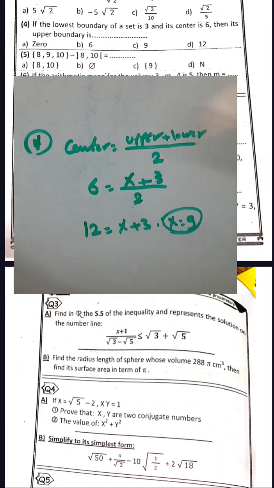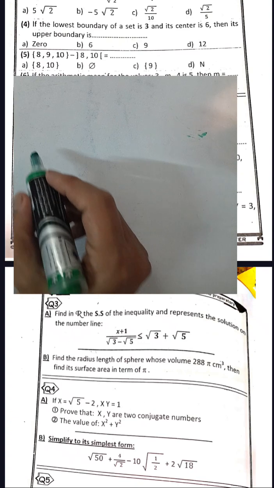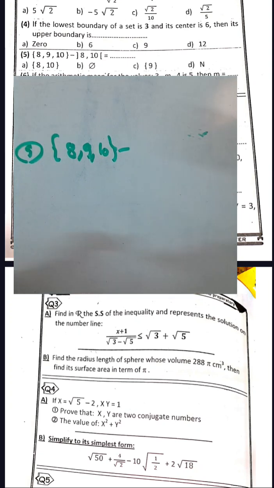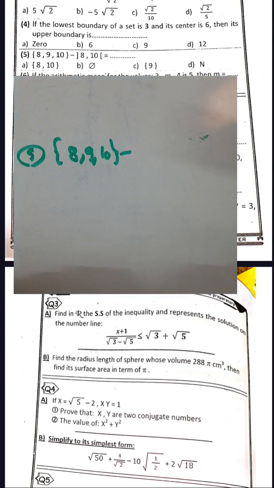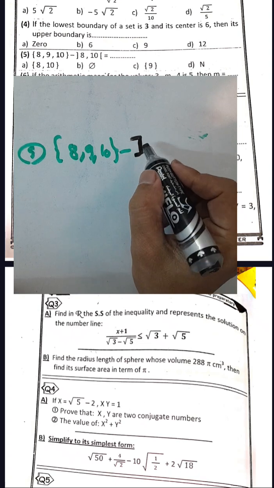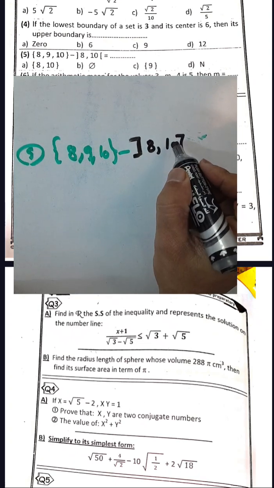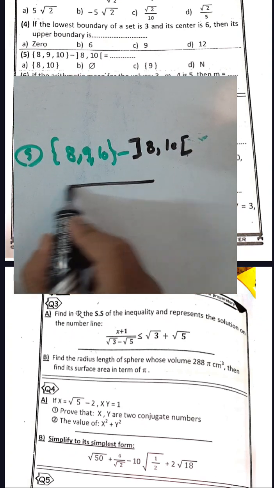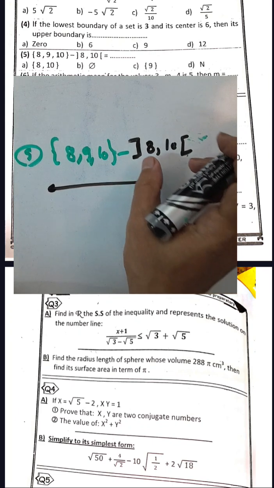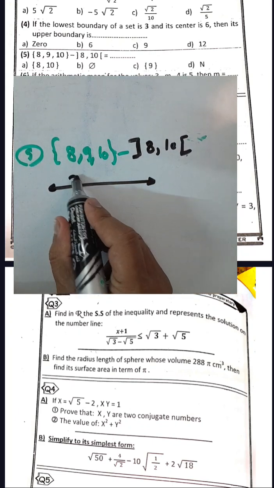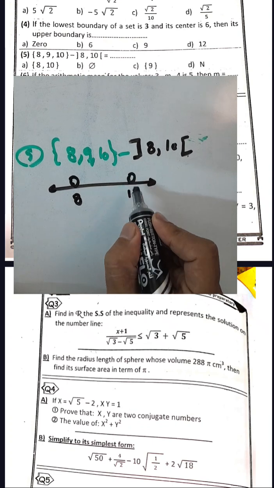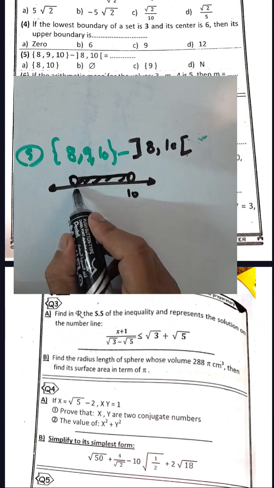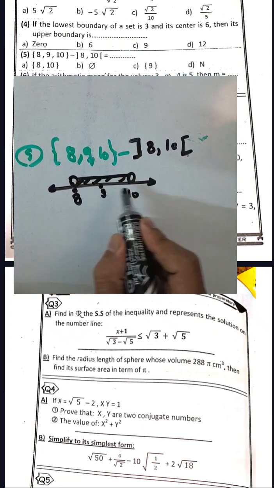We want to find the difference between sets and intervals. We have a set of 8, 9, and 10. You can subtract from it the open interval from 8 to 10. It's open from 8 to 10, meaning 8 is open and 10 is open.